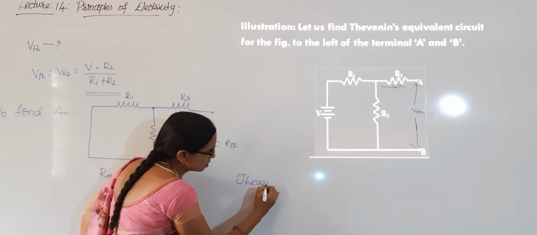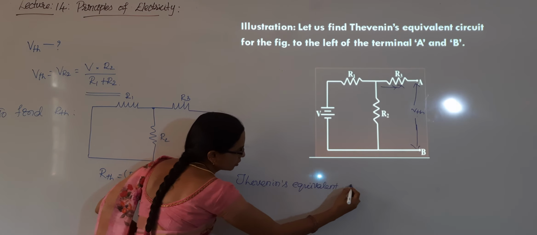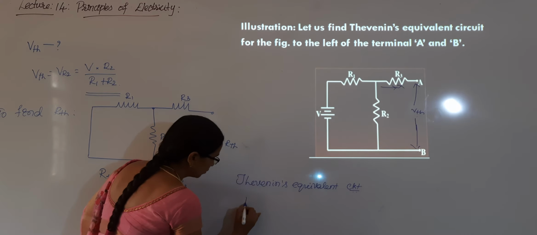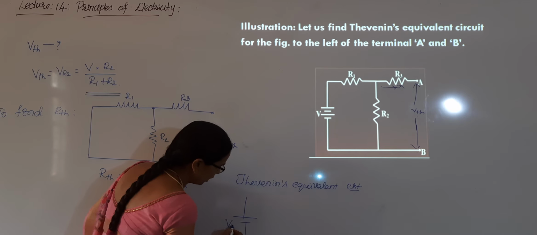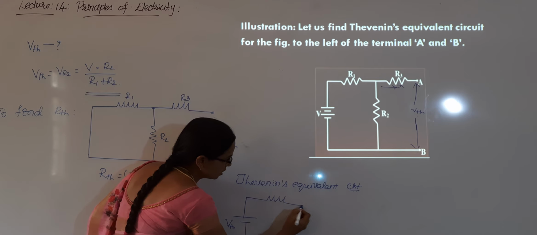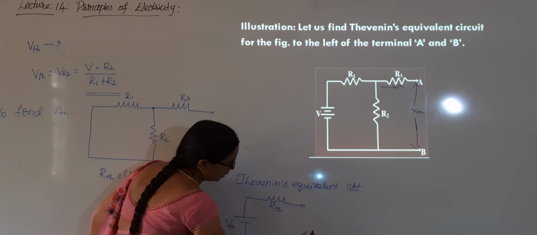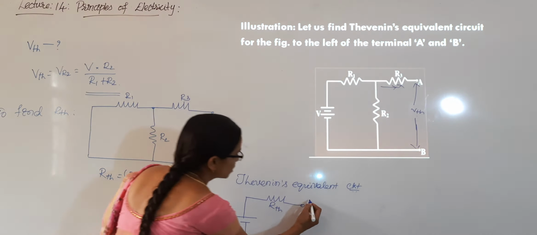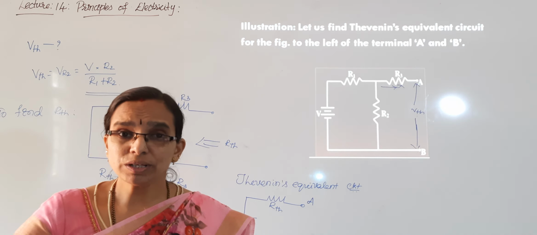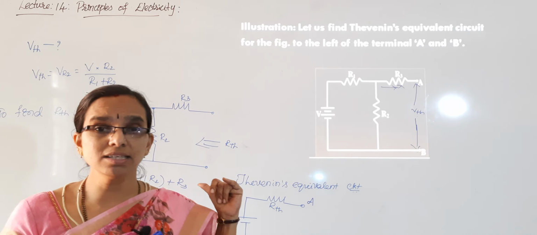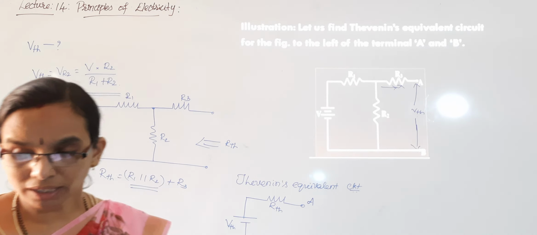That means the Thevenin's equivalent circuit will be a single voltage source VTH and a series resistor RTH, and this will be the Thevenin's equivalent circuit we found. This is a general analysis. Once we consider numerical values for these resistors and the voltage source, we will know how to solve the problem. Okay.